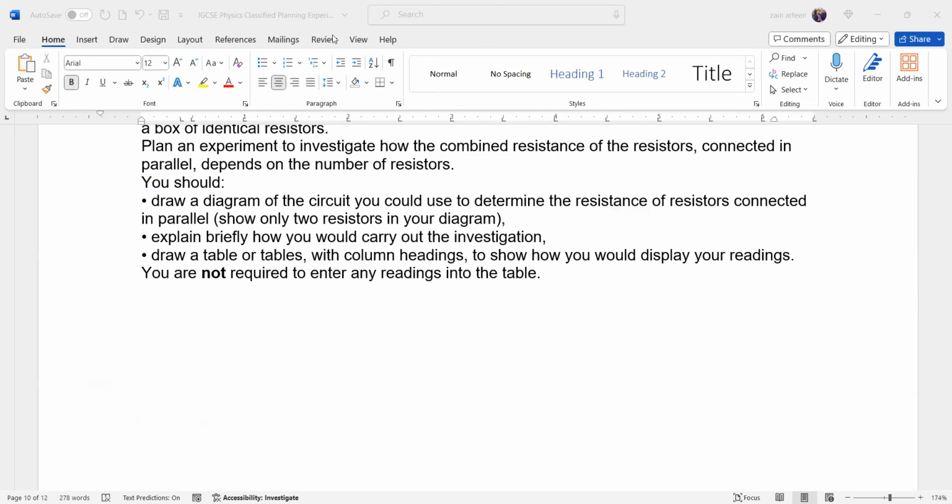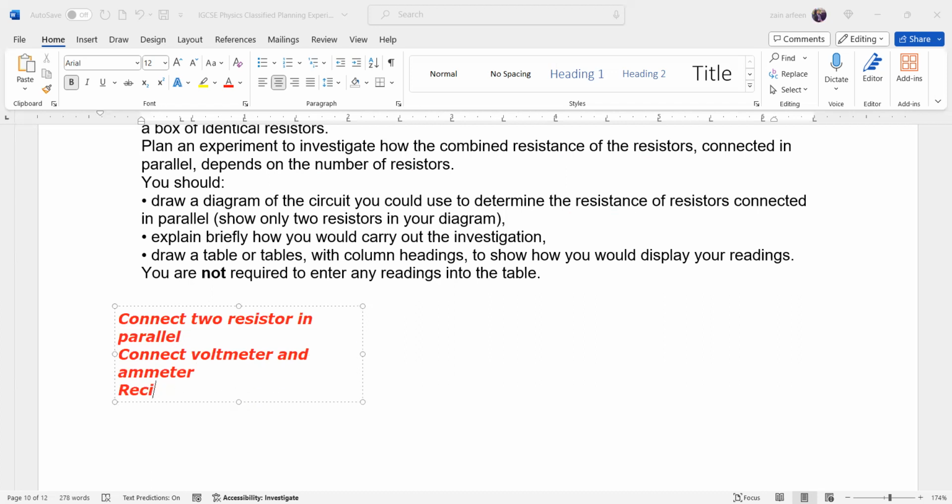That's the second thing. The best thing you can mention is: connect the circuit as shown in the diagram, or connect the first two resistors in parallel. Then we connect the voltmeter and ammeter.